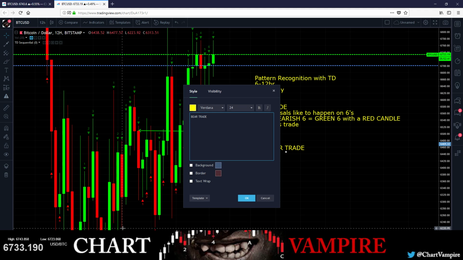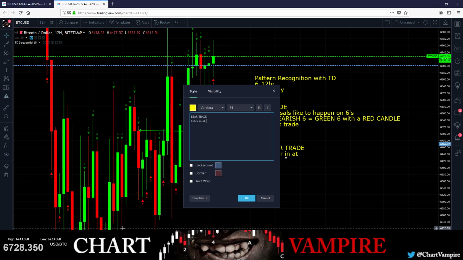You would have entered in at the red 6 candle flip. So you're looking for the candle to flip red, right? You're looking for the candle to flip red. Then you're going to wait for the close of the candle, and then you're going to enter, right?